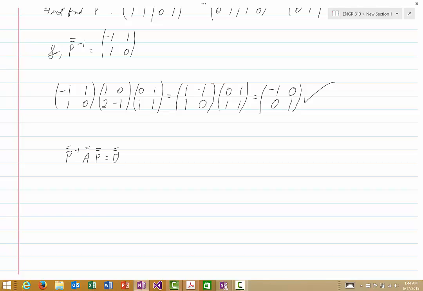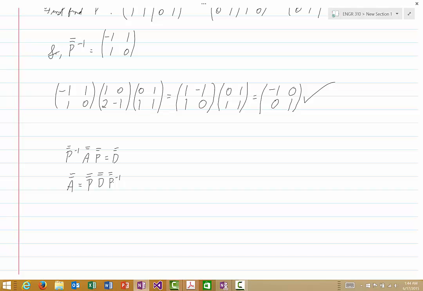So let's multiply both sides of this equation by P. We will pre-multiply both sides by P and post-multiply both sides by P inverse. And so we will get A is equal to P D P inverse. Again, we get that by pre-multiplying each side by P and post-multiplying each side by P inverse.